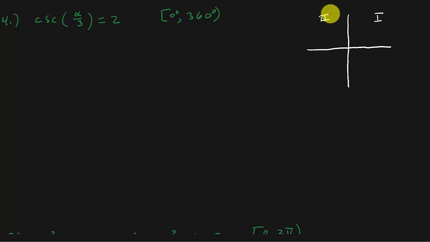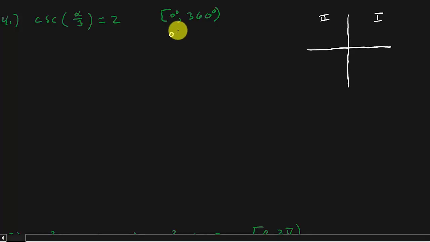Now, once again, this is 0 less than or equal to alpha less than 360. But I've got to divide by 3, right? Because I've got alpha over 3. So that's going to be 0 less than or equal to alpha over 3 less than 120. Okay?